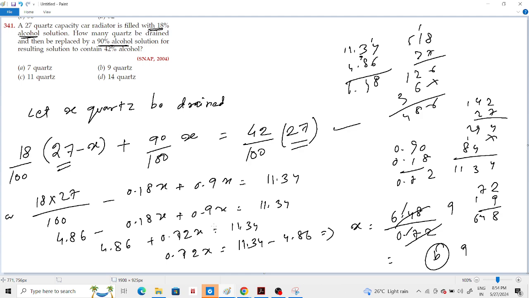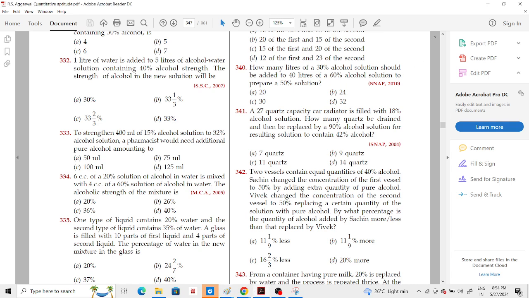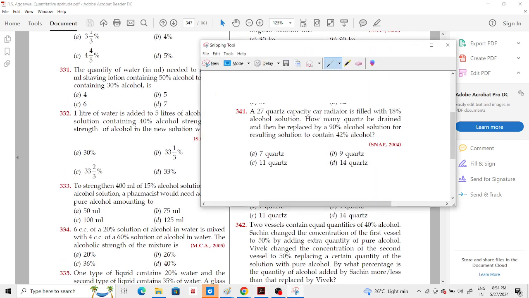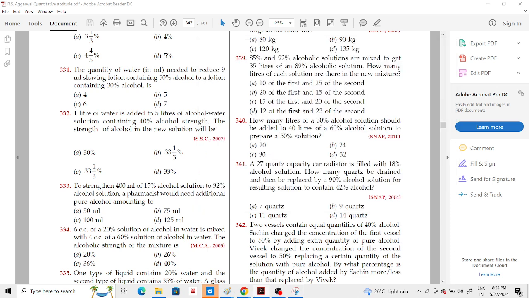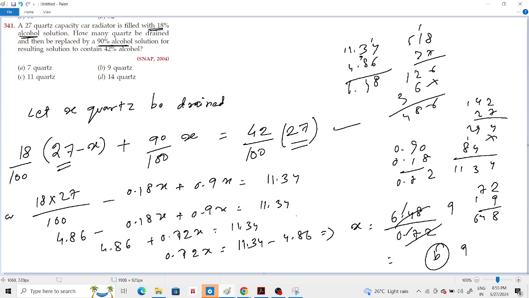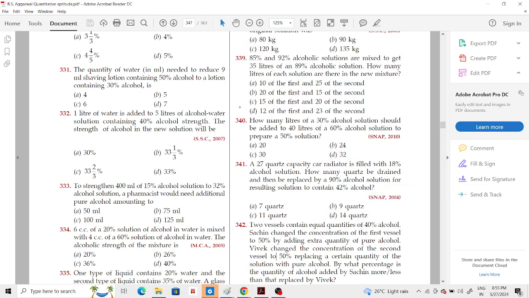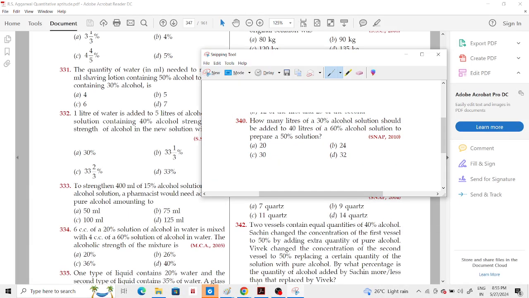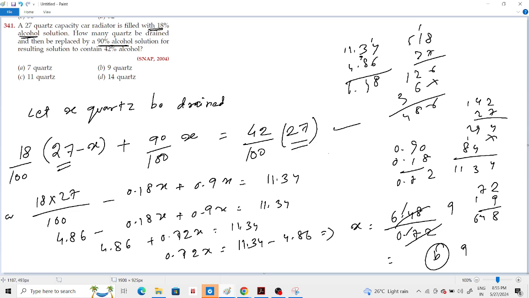Should we move to the next one? Yes, sir. Okay. Please try out the upper one, 340. Ishika, are you okay to move to the next one? For now you can copy this. Sir, can you please show me the solution of 341?